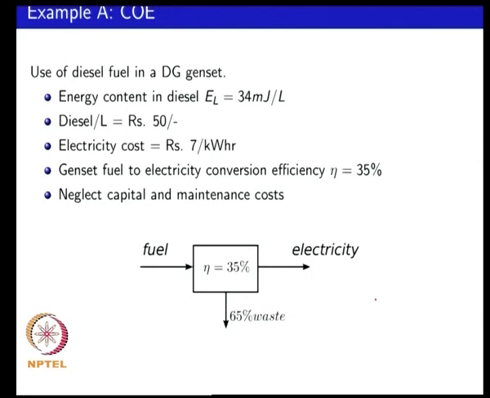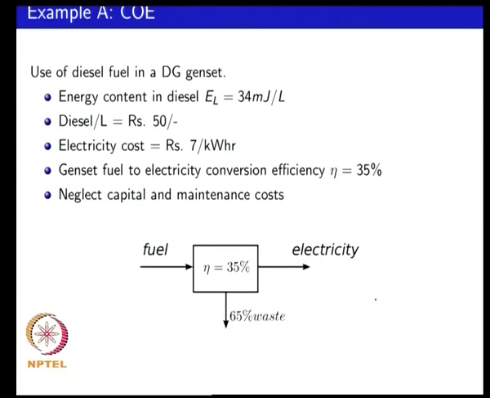So, we will look at an example where you are considering a diesel genset, and you want to see, instead of purchasing power from your local distribution company, would it make sense to just run the genset all the time and make use of the energy that is output from the genset.